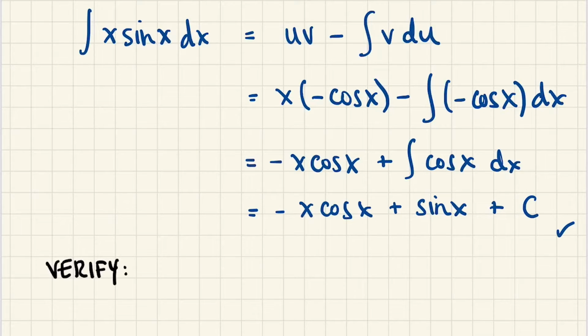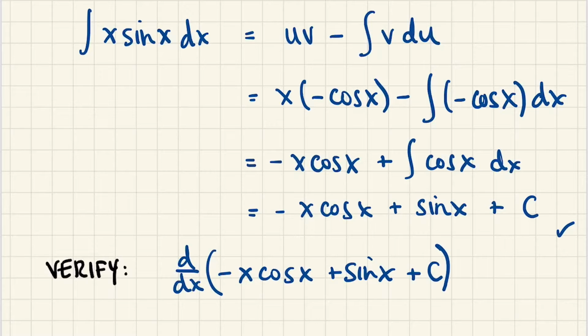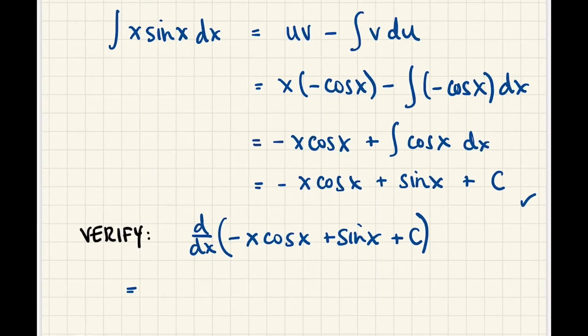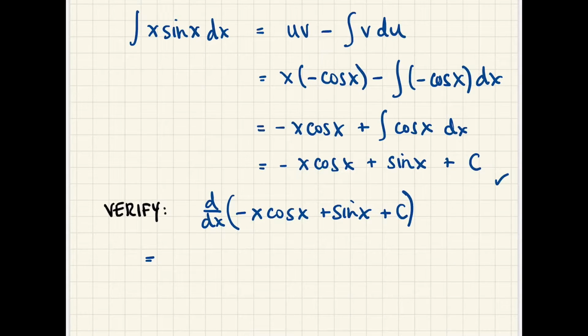That seems unbelievable, so let's verify it. We'll take the derivative of our proposed solution and see if we get x sine x. Okay, well, we're going to need the product rule for this part.